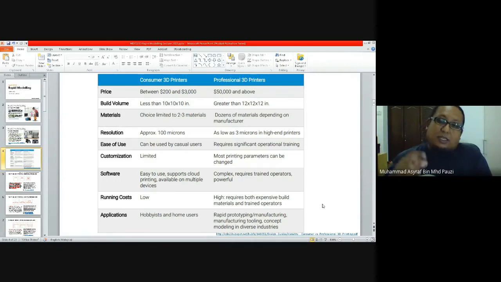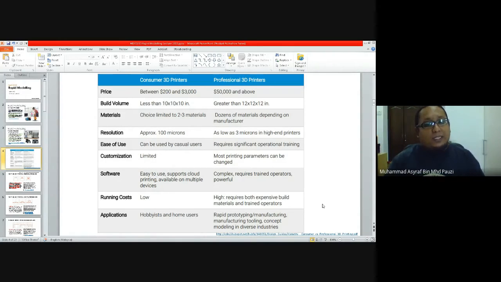Okay, running cost. For the desktop, PLA can be bought as cheap as 45 ringgit, I think as cheap as 12 ringgit per spool. Okay. For a professional, you can go up. A roll of paper can cost you 200 plus. A proper PLA spool for FDM technology can cost you 60 ringgit and above, 300 ringgit for a proper high grade material.